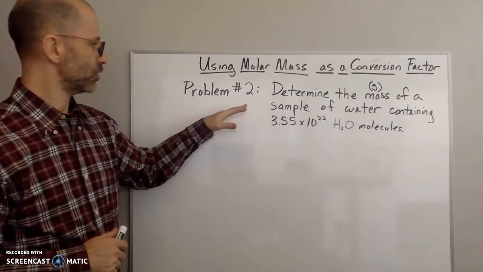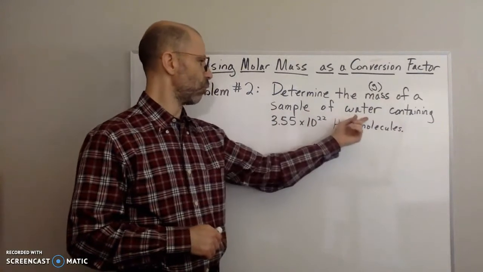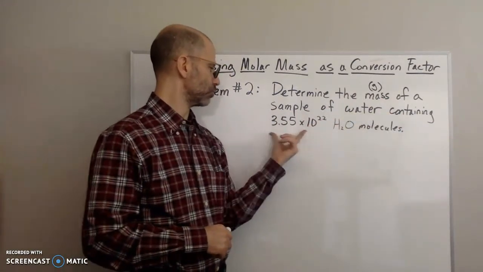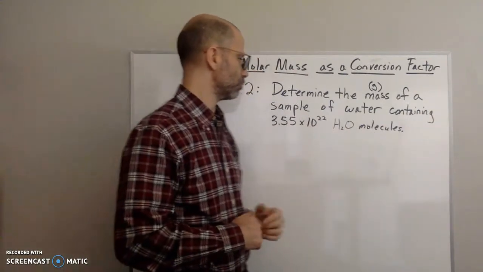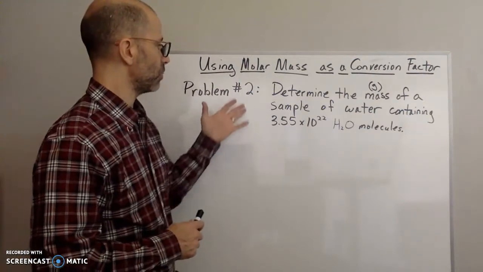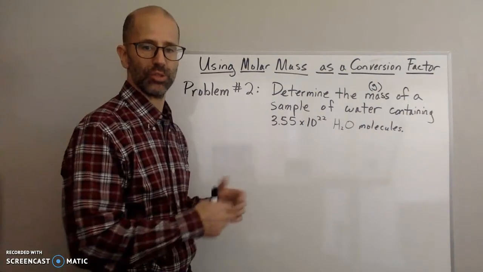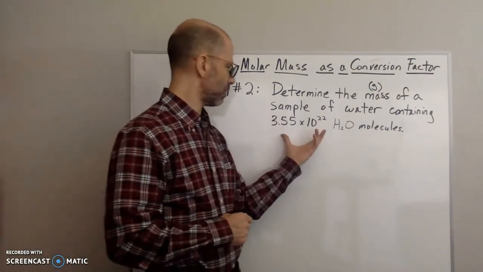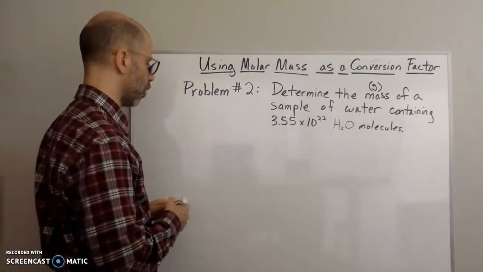So what they're asking us to do is determine the mass of a sample of water containing this many molecules, so 3.55 times 10 to the 22nd water molecules. So in this case, there's no question, but they are actually telling us straightforward what they want us to do. So we need to start with the molecules, and we need to get mass in grams of water.